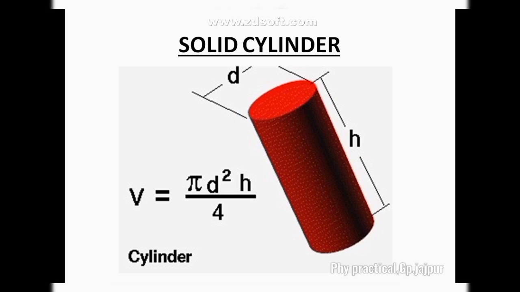The upper surface has the diameter denoted by the symbol D, and here is the height of the solid cylinder. So how to determine the volume of this solid cylinder? By using this formula, V is equal to pi d square h by 4, we can determine the volume of a solid cylinder.